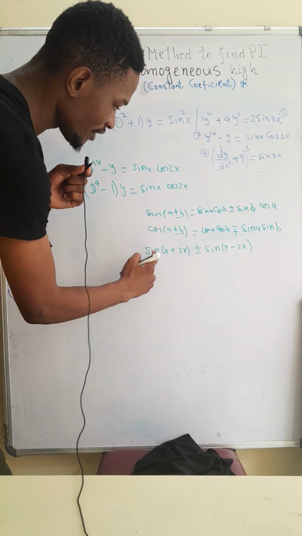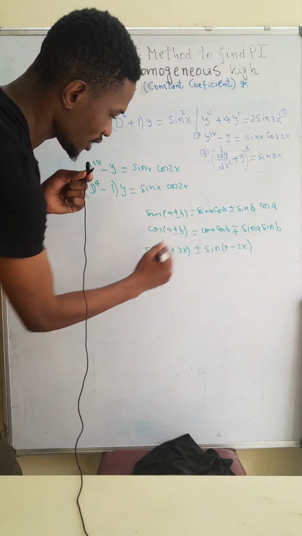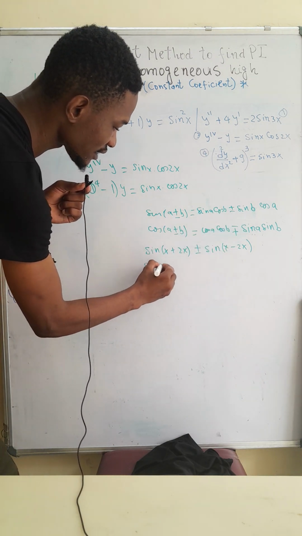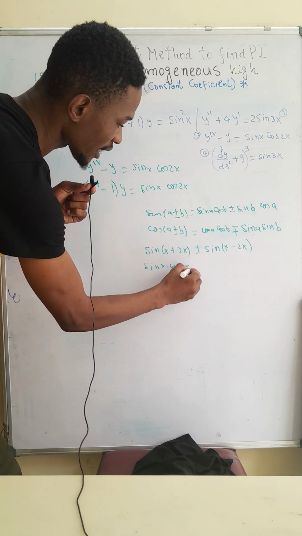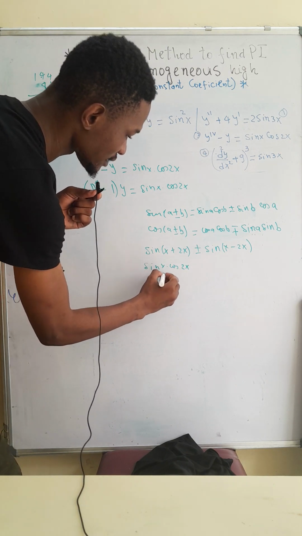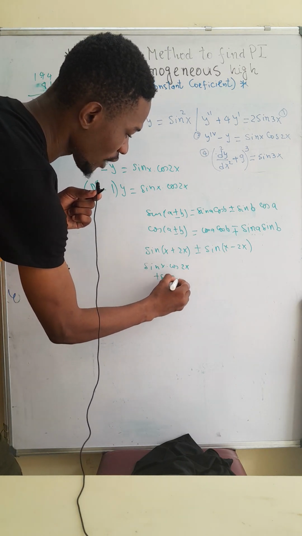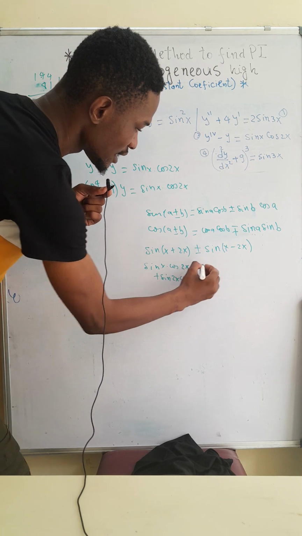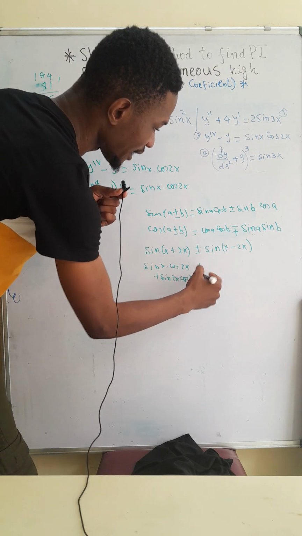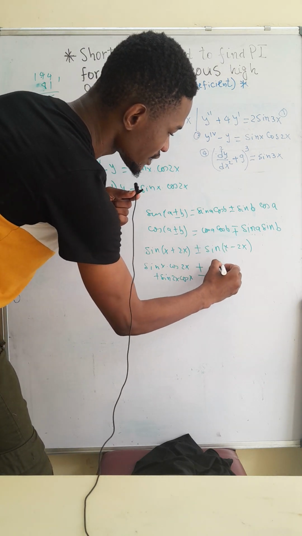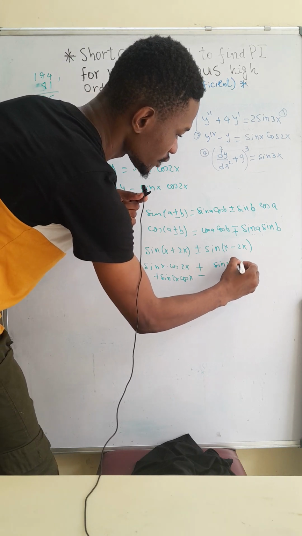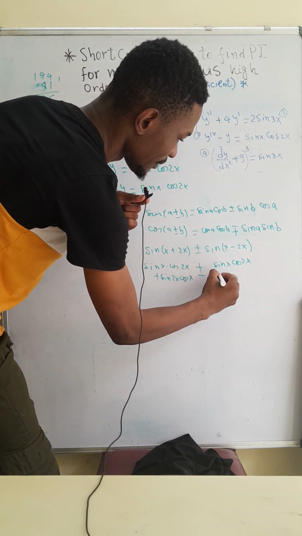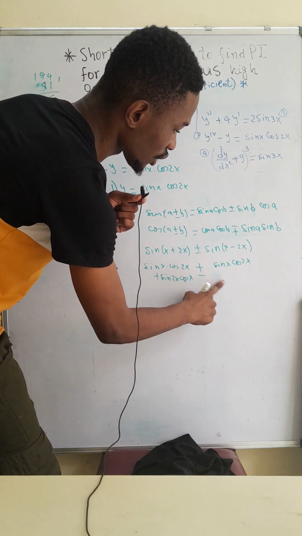So if you split this one according to this one, you are going to have sin x and cos 2x, then plus sin 2x and cos x. Then put plus or minus. And here split also sin x and cos 2x. Then plus, no, it will not be plus.